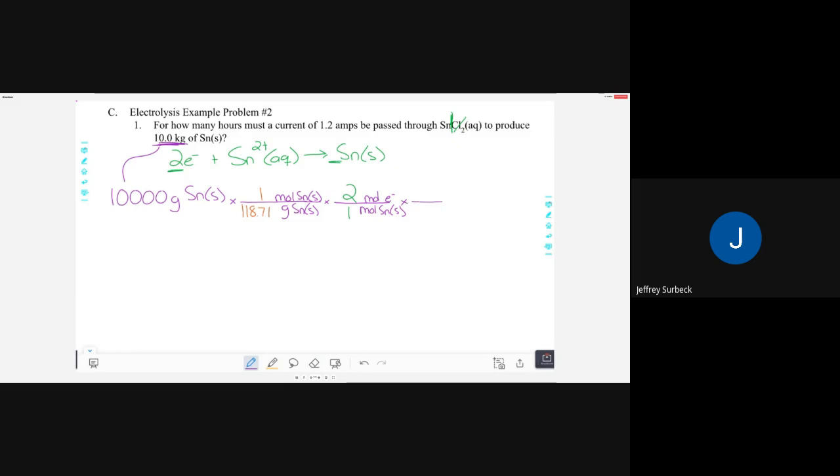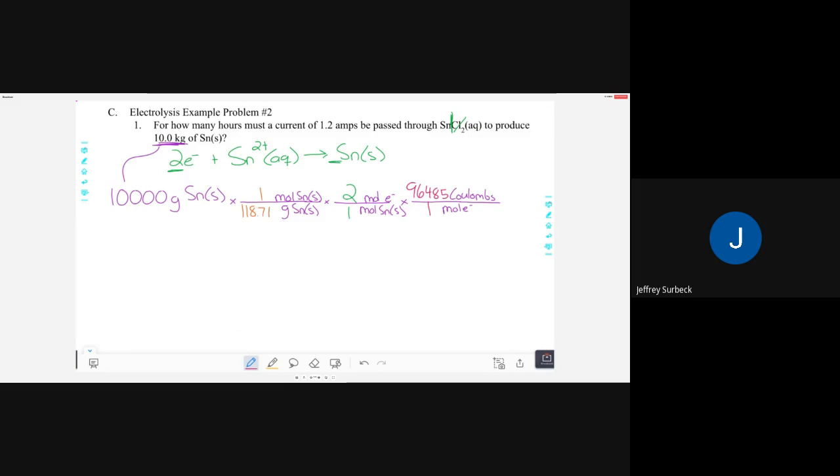And that step is cancel moles of electrons. And on top, we need to go to our coulombs. What number goes on top? Yep. We have our Faraday's constant, which is 96485 coulombs per 1 mole.